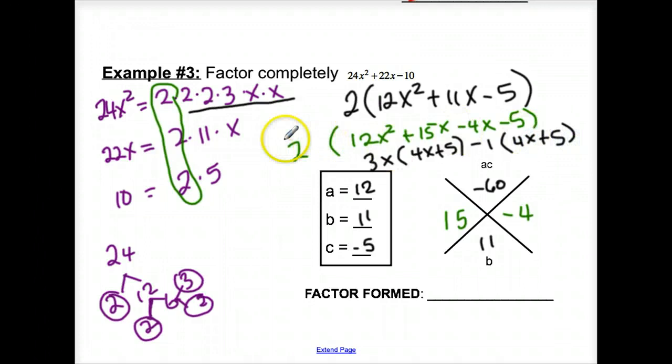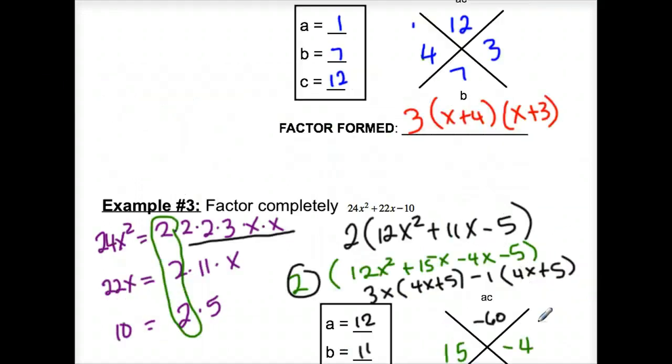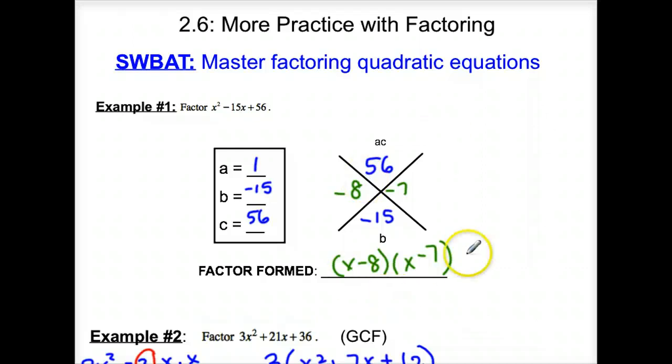And remember, the 2 that's outside, this 2 right here that we found from there, I keep that in the front. Remember, these two are always going to be equal, so I write it back one time. And then what's outside here, the 3x and the minus 1, I just give them their own parentheses. And that's factored completely.